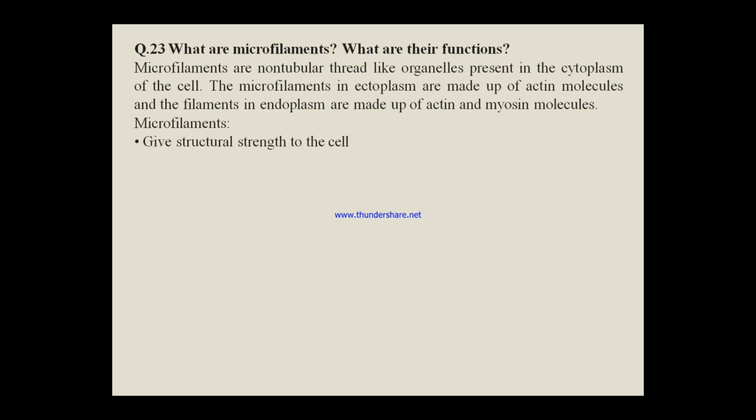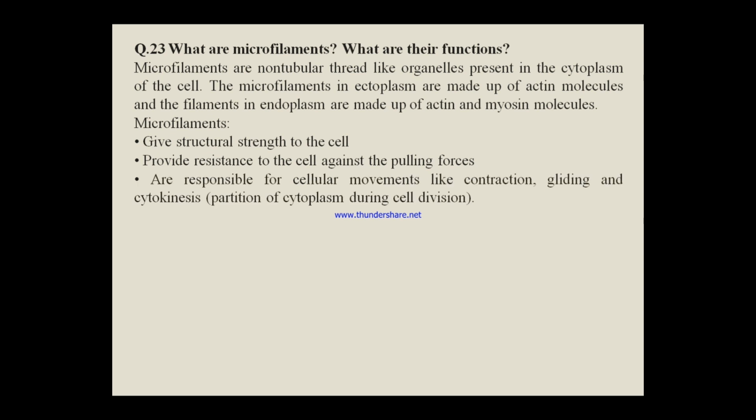Microfilaments give structural strength to the cell, provide resistance to the cell against pulling forces, and are responsible for cellular movements like contraction, gliding, and cytokinesis. What is cytokinesis? It is the partition, division of cytoplasm during cell division.